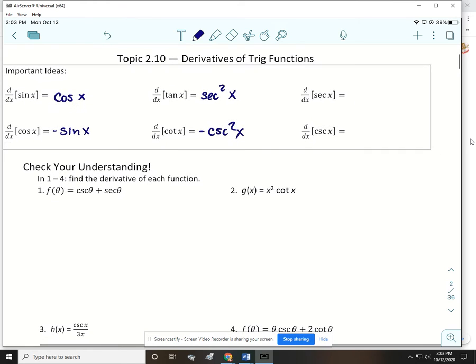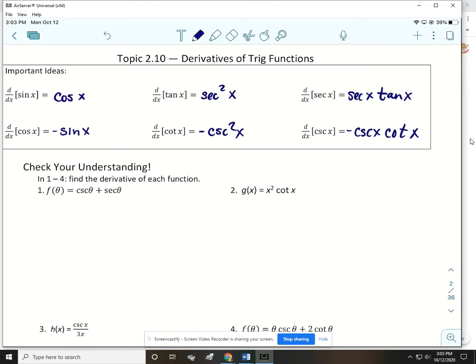All right, and then for secant, the derivative of secant of x is secant of x tangent of x. And then for cosecant, the derivative is negative cosecant of x cotangent of x.